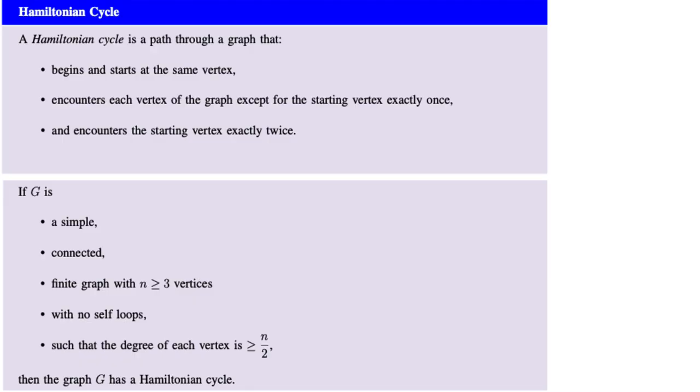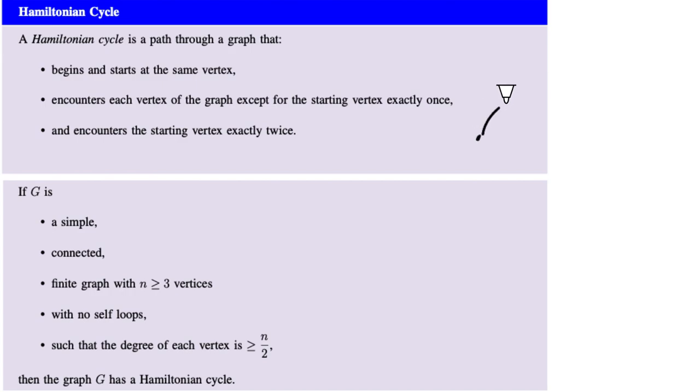Let's take a look at a proof of a particular fact about how we can see when a Hamiltonian cycle exists in a graph. A Hamiltonian cycle is a path through a graph that begins and ends at the same point, and it's only going to hit each vertex exactly one time, except at the beginning, where it hits it twice.